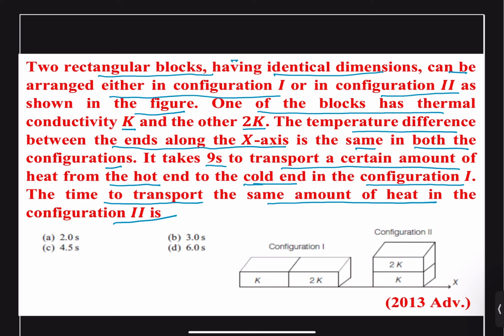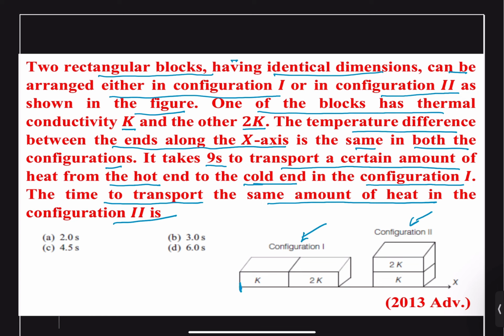So we have two configurations. In configuration 1, they are connected one after another, and in configuration 2 they are connected on top of each other. And it is said that the temperature difference between the ends along the x-axis is the same.